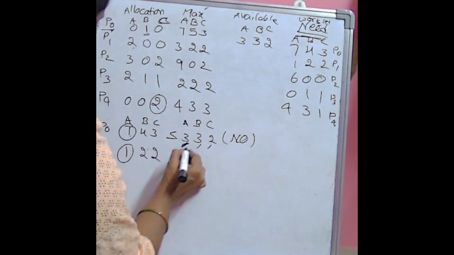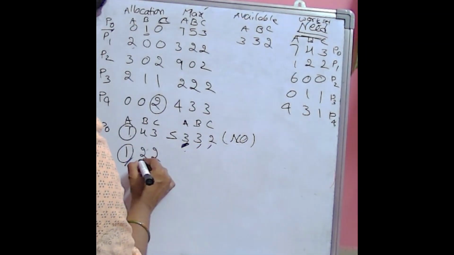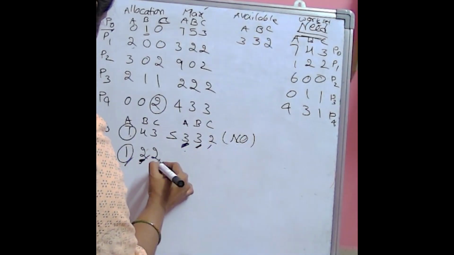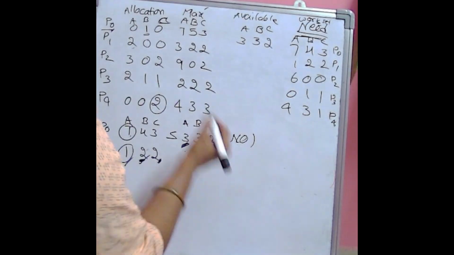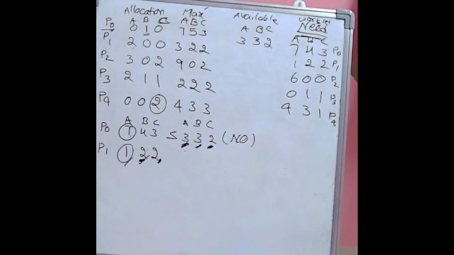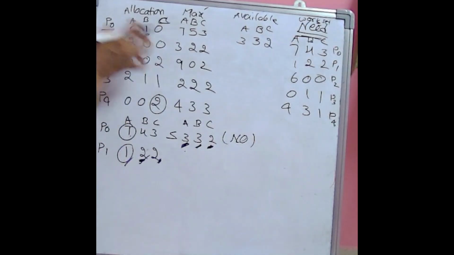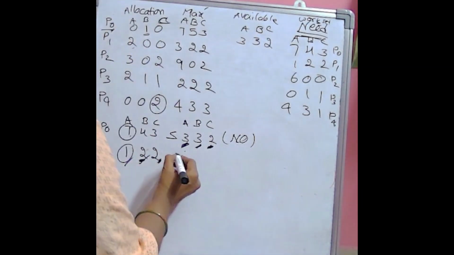A type: it requires 1, we have 3, okay, it can satisfy. It requires B type 2, we have 3, okay. It requires C type 2, and the system also has 2. It can satisfy its request. If you allocate these resources to P1, it will complete its execution at a time and release all the resources at a time.